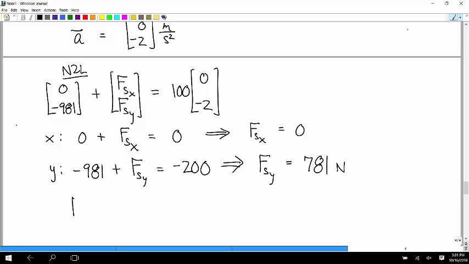So the answer is that the force applied by the scale in the elevator that's accelerating down is 0, 781, or another way to say that is 781 newtons up.